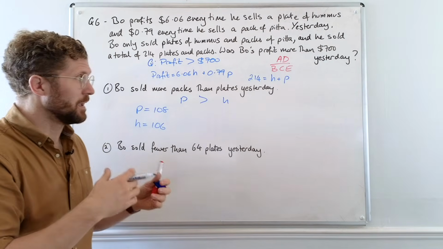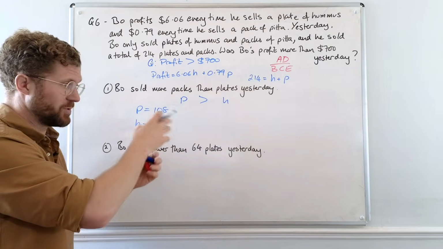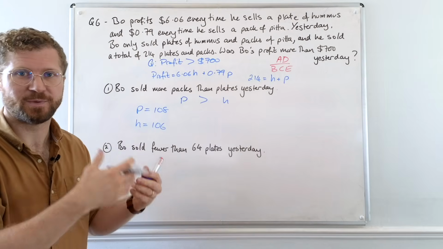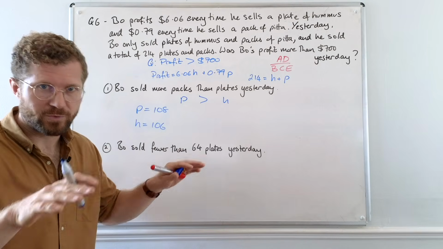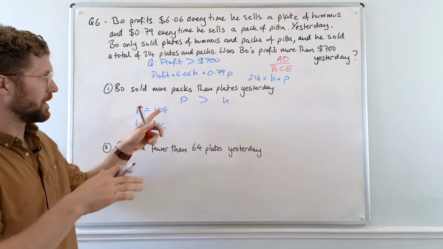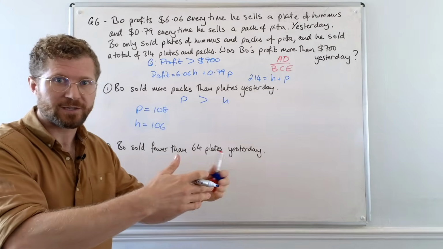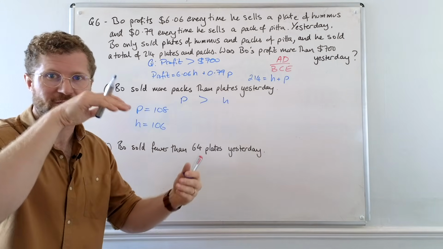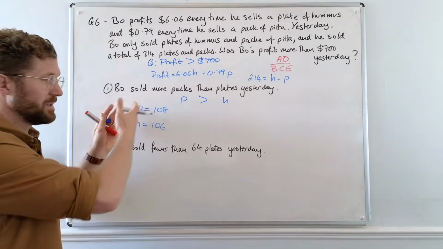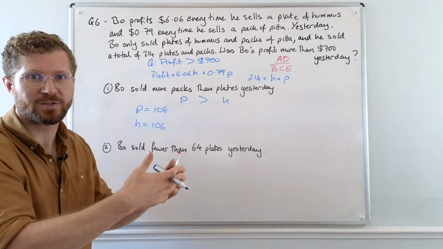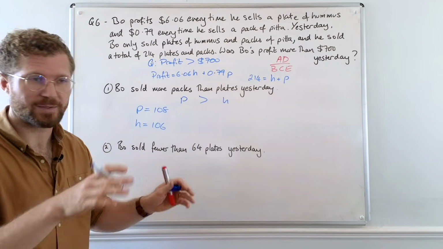If I calculate the profit Bo makes in this scenario, and it's under 700, then we're done with statement 1. This is the smallest P can be, so I could make P bigger, but as I make P bigger, Bo's profit is going to decrease. If it's already under 700 when his profit is as big as possible, then it can never be bigger than 700 and statement 1 will be sufficient.